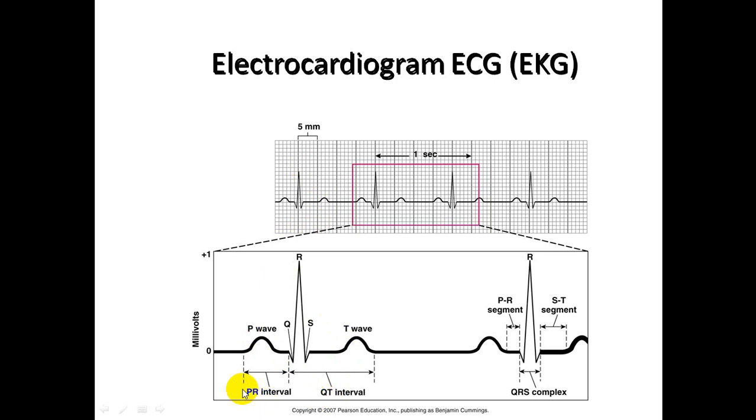And there are the PR interval and QT interval, and there are segments, the PR segment and ST segment. I think it's easy for the time being to know these terms on this wave and interval only. No need to know the normal values for the time being. This is in the coming lectures.